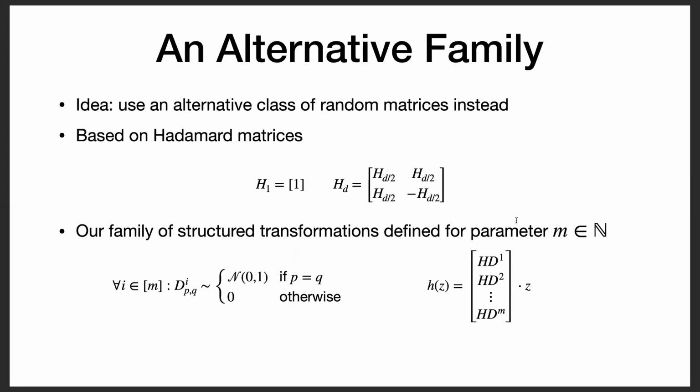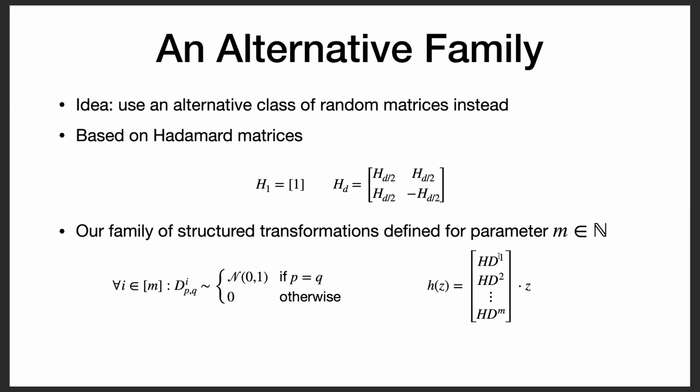They're going to be defined for some repetition parameter m. For each i in m, you're going to generate a random diagonal matrix where the diagonal entries are generated IID from a standard Gaussian. Your transformation is going to be the stacking of the multiplication of the Hadamard matrices times each of the diagonal matrices that you've defined.